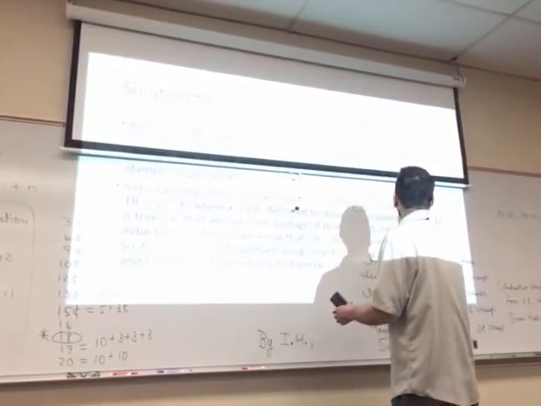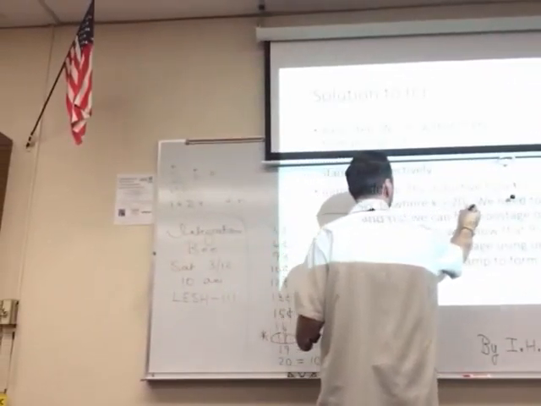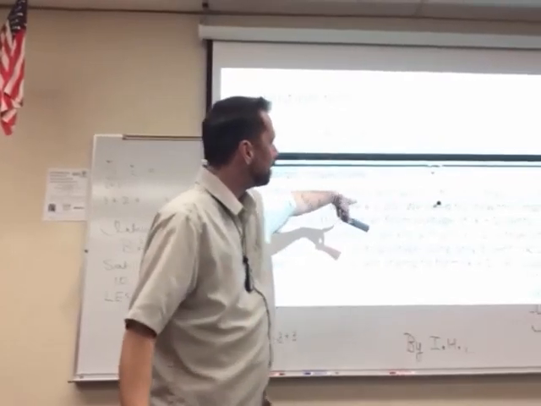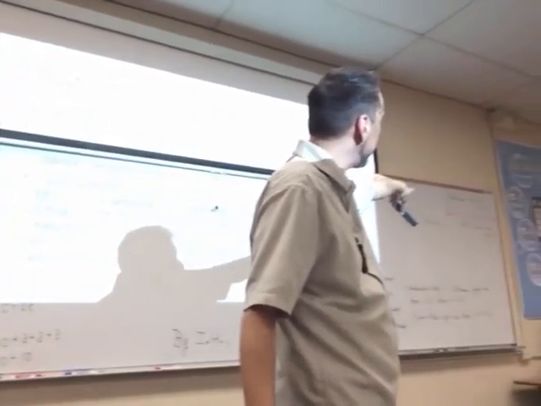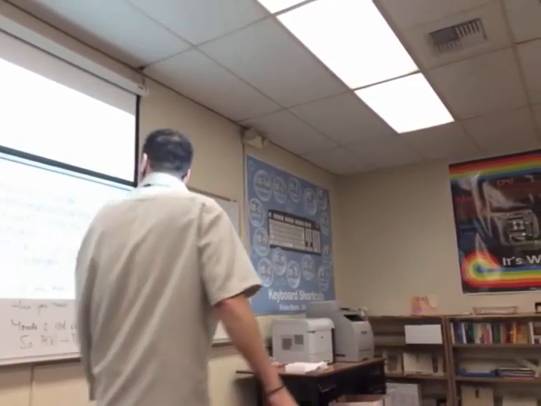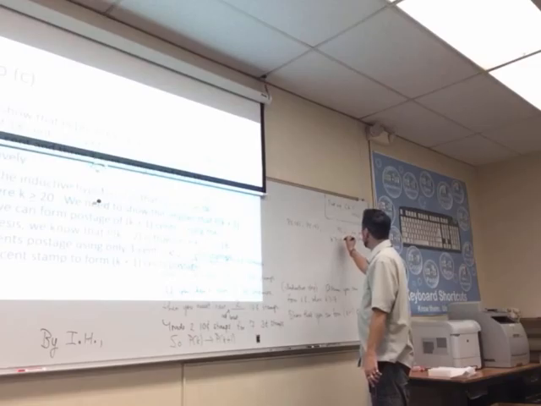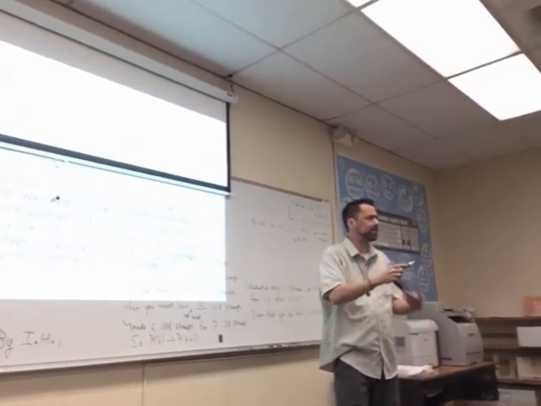P of j is true for j between 18 and k. That says the same thing as what I wrote over there. P of 18, P of 19, all the way up to P of k are all true. k has to be at least 20. And we can assume that k is at least 20 because we already knocked out the cases 18, 19, and 20. Okay?